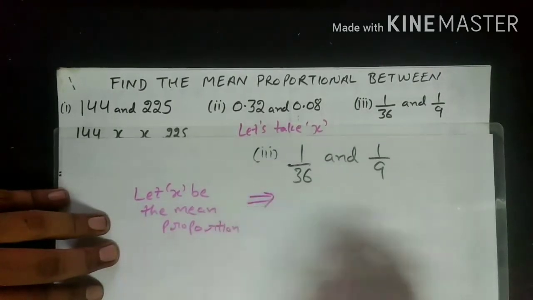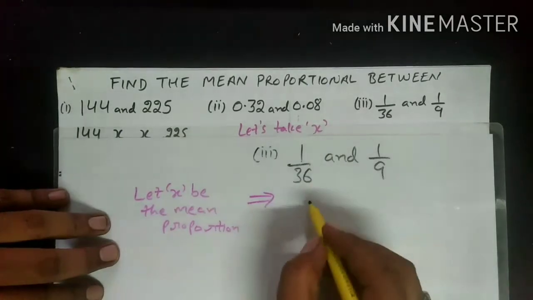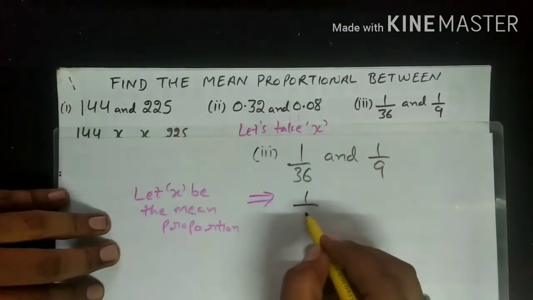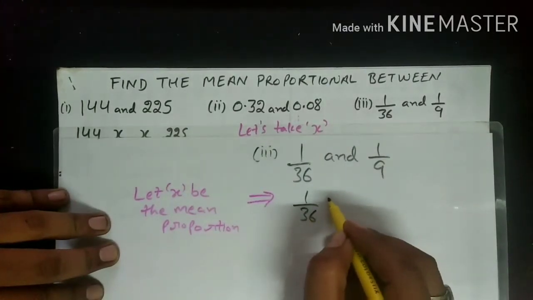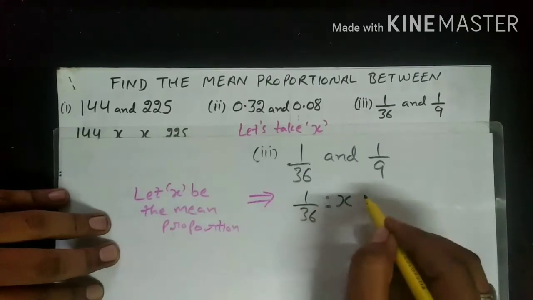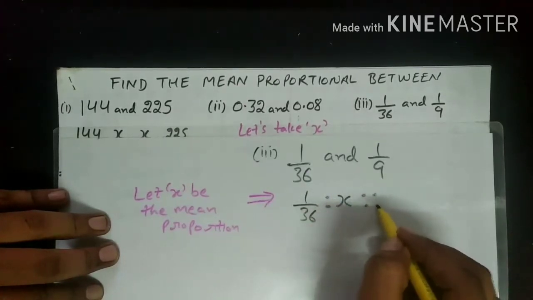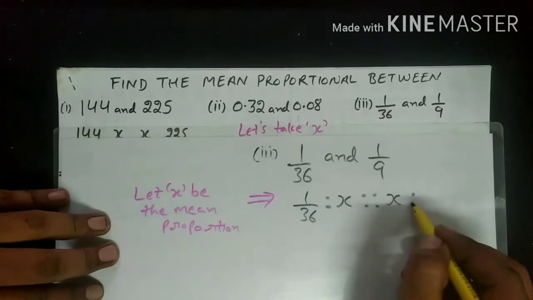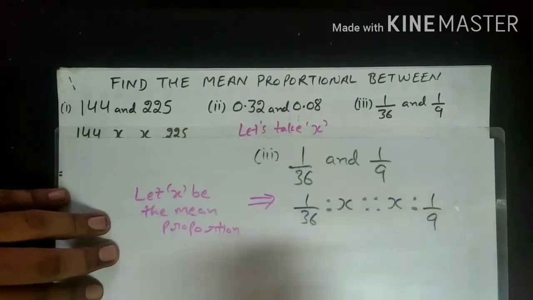Therefore, it implies 1 by 36 ratio x ratio 1 over 9.